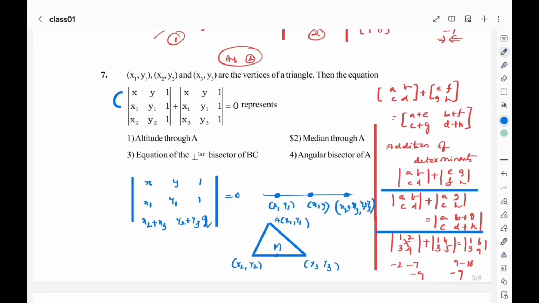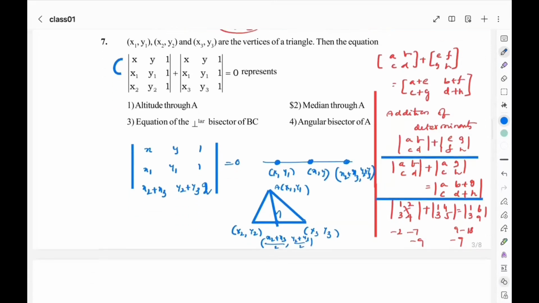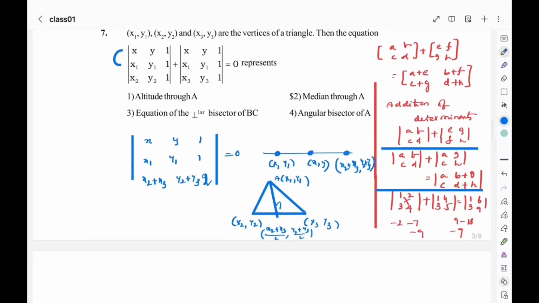Here is a midpoint, x2 plus x3 by 2, y2 plus y3 by 2. If you carefully look into this, x1 y1 and x2 plus x3 by 2, y2 plus y3 by 2 is a median equation.